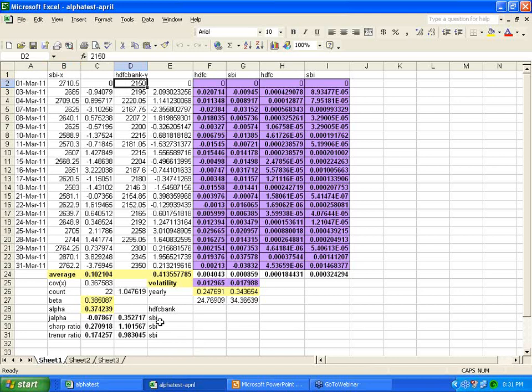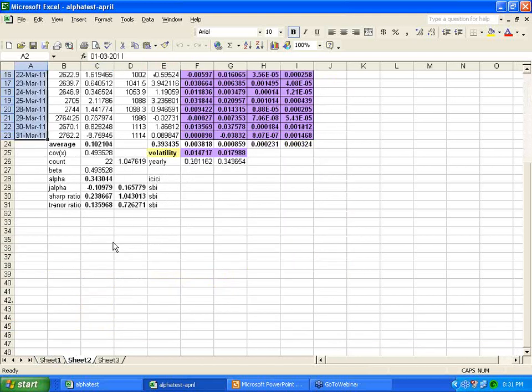Jensen's alpha suggests that it is negative for State Bank of India, positive for HDFC. So State Bank of India is the choice in terms of Jensen's alpha. Sharpe ratio suggests State Bank of India, it has a lower ratio. Treynor ratio also suggests State Bank of India because it is lower.